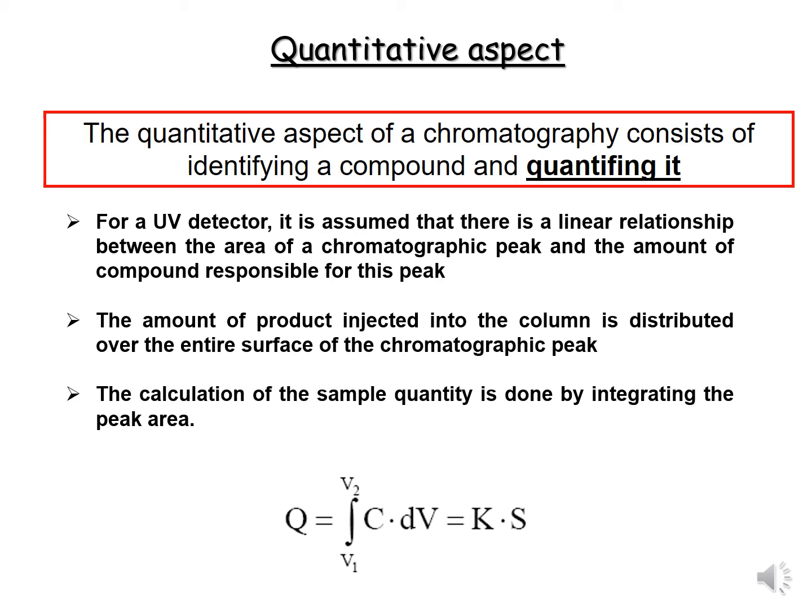And then the calculation of the sample quantity is done by integrating the area. And here you have the relation with the integration of the area of the peak. The area of the peak is proportional to the quantity of matter, the quantity of the molecule.